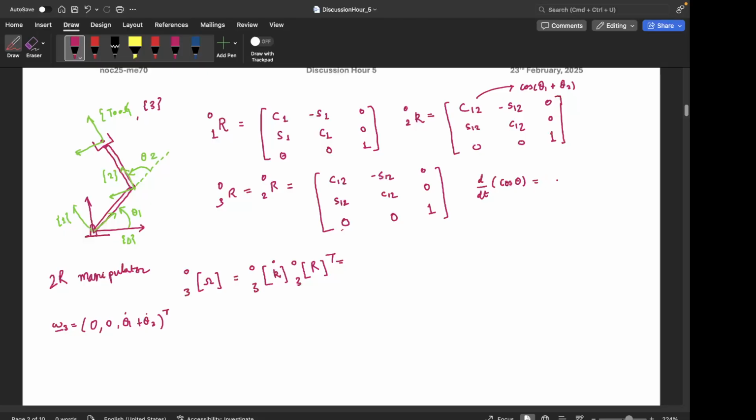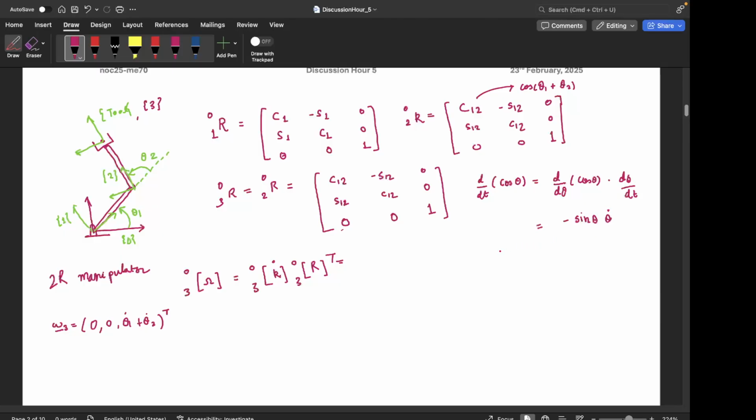We can first do d by d theta of cos theta, and then we do that using the chain rule. Basically we do d by d theta, times d theta by dt, right? So this we write as minus sine theta, and this we write as theta dot, right?